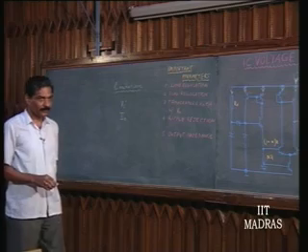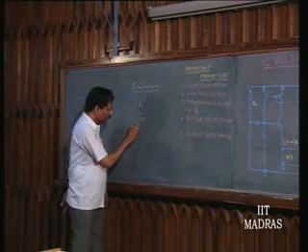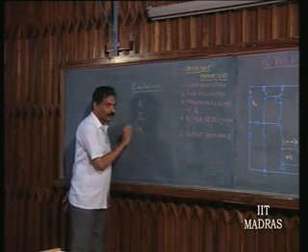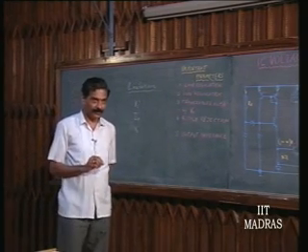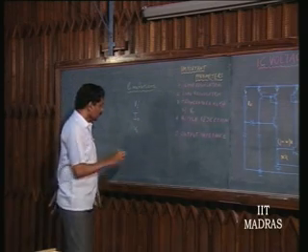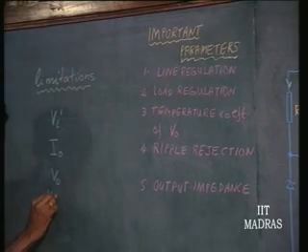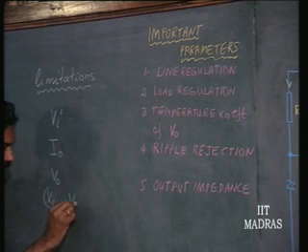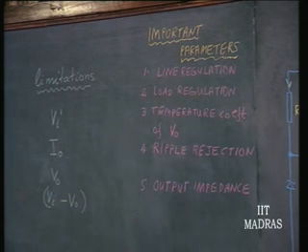Then the question is, is there a limitation on V naught that you can get? Actually, there is another limitation which is called Vi minus V naught limitation.